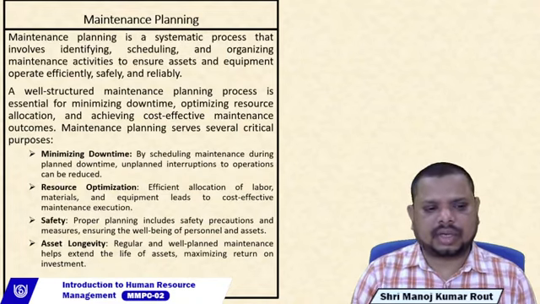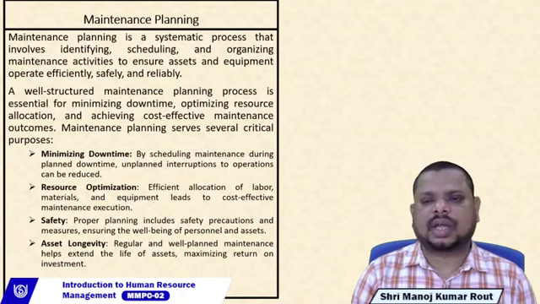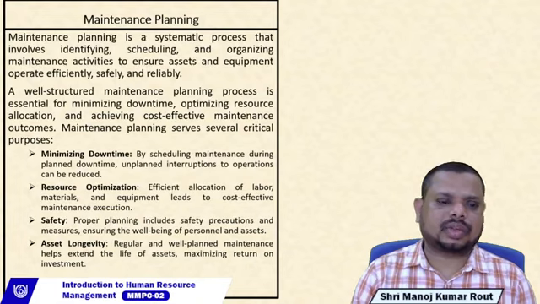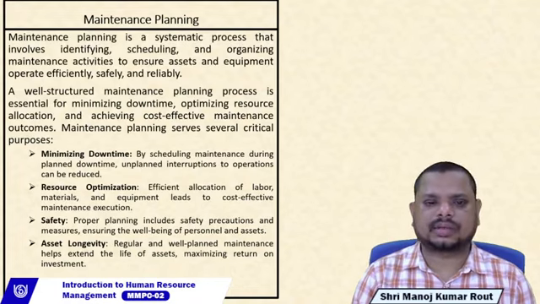In implementing maintenance planning, in the case of minimizing downtime, the planned downtime and unplanned interruptions to the operation can be reduced. The next is resource optimization, meaning efficient allocation of labor, material, and equipment leads to cost-effective maintenance.